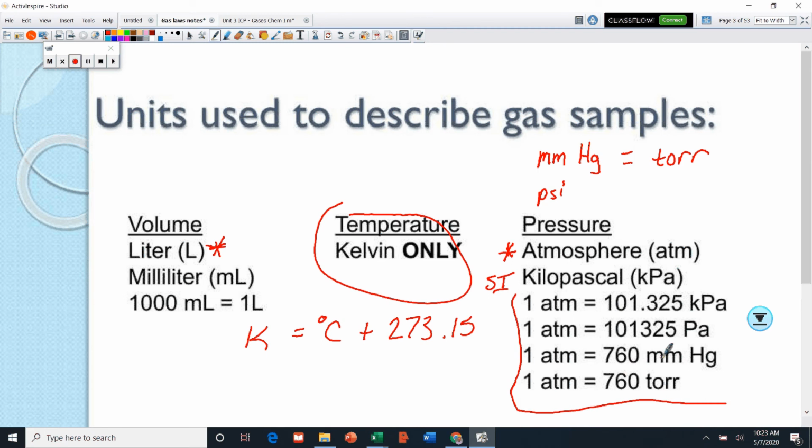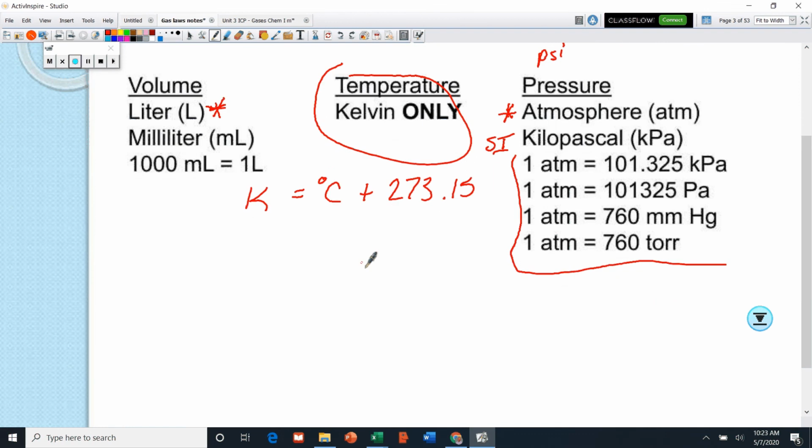Those are interchangeable. Now, just to talk about this in another way, if I needed to go from millimeters mercury to kilopascal, I don't necessarily have to convert to atmosphere first. What I could do is say that 760 millimeters mercury equals 101.325 kPa.